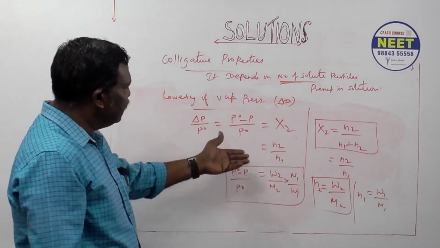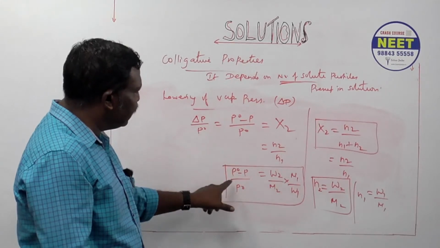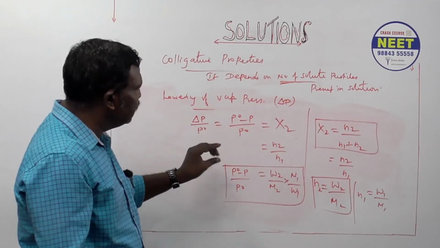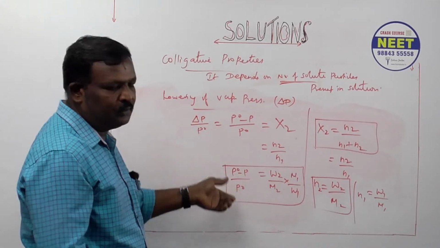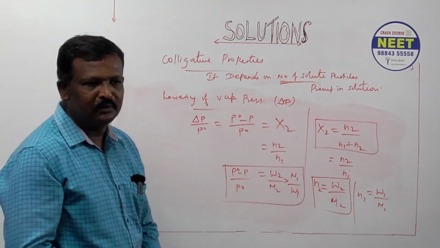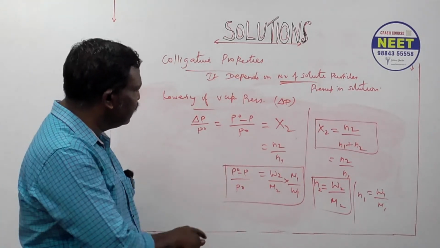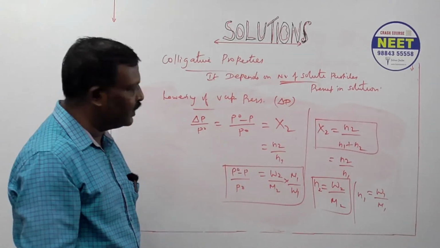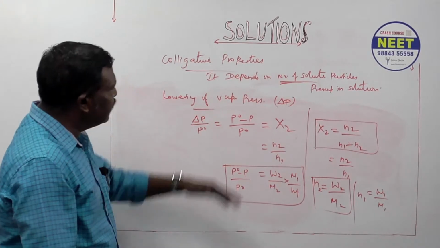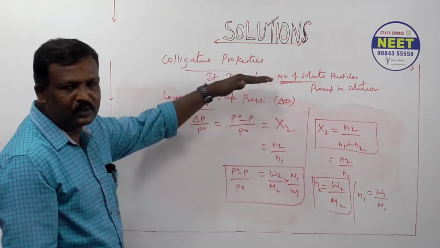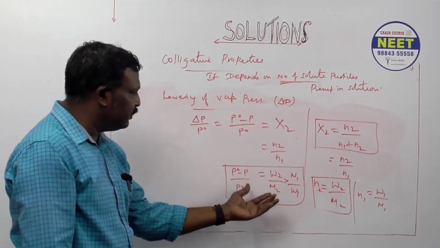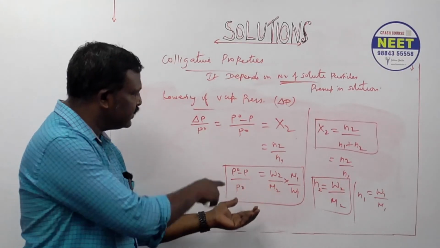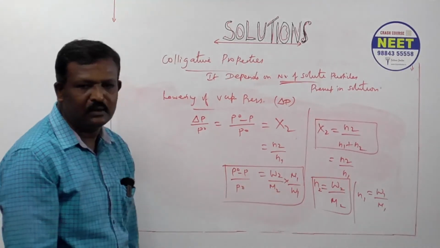Based on this formula, I put one sum in the problem solving session. If you want, go and see it, you will be able to understand. Based on the colligative properties, I put sums. So first just memorize the formula. If you see a sum based on this, you can understand.